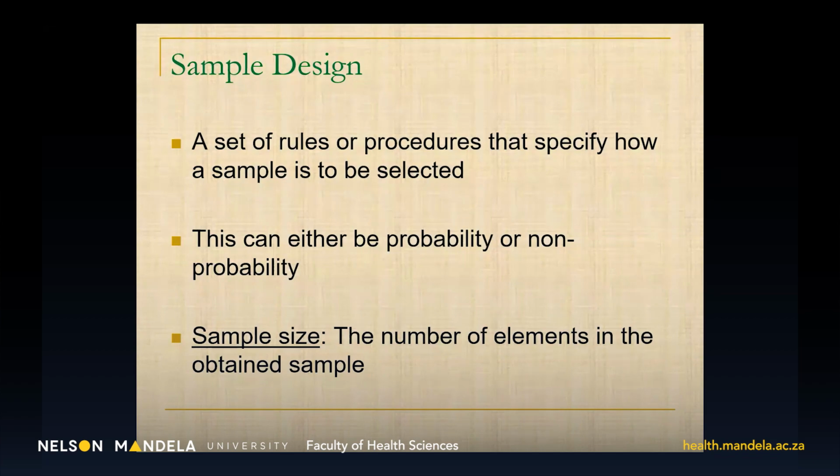The probability being more random sampling as opposed to the other one, but we'll discuss this. So you have two legs now. You can either approach your sampling from a probability point of view or a non-probability approach. So it's sampling design. How are you going to conduct your sampling?